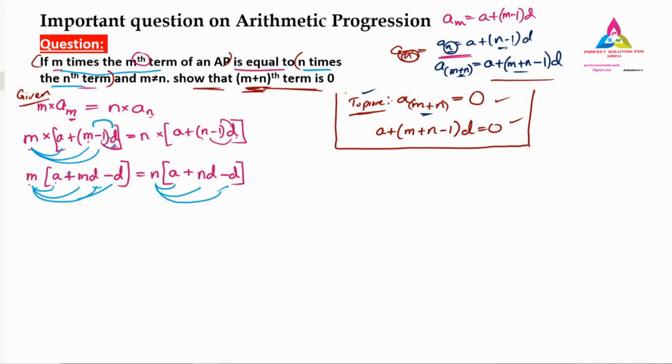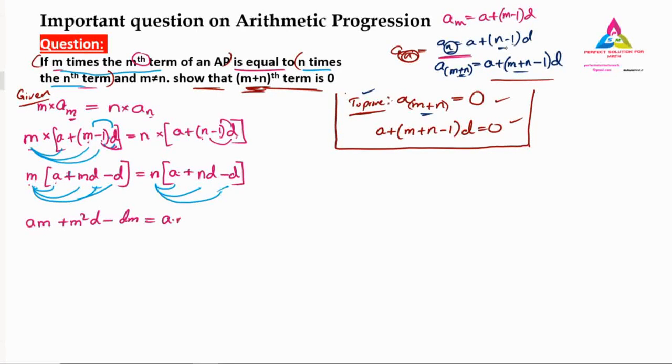M into a is am, not am, a into m, understood? So next m into m is m square into d, understood? Now m into minus d is minus md, or you can write down d into m, is equal to n into a, you can write down an or n into a.